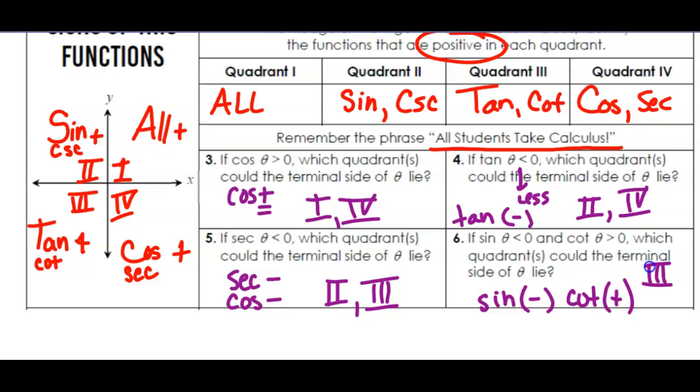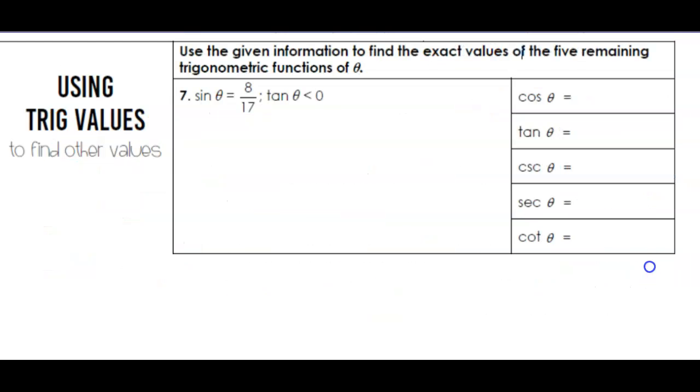You need to practice that. All right, this next little section, I'm going to set these up, but I'm not going to necessarily find all these values. You can go back and look at the notes on the slides. I'll finish them after I finish the video. But this says the sine is 8/17 and the tangent is less than 0 or negative.